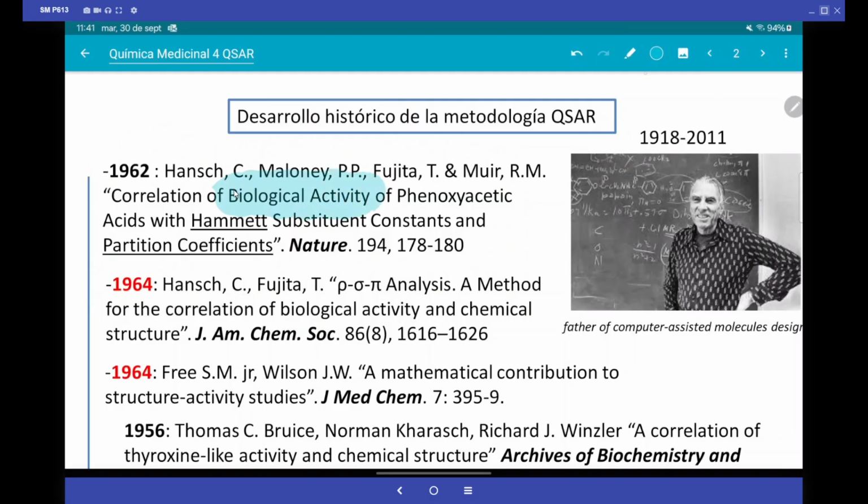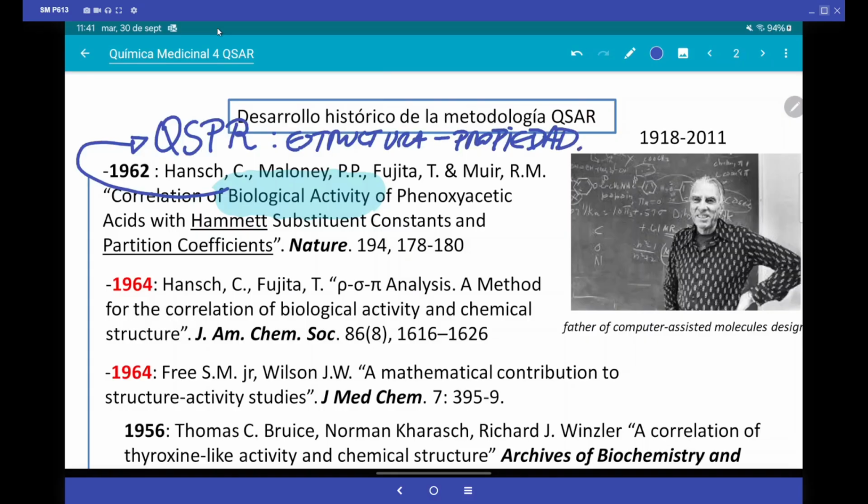for biological activities? No. Today the concept has expanded. Today it is already talked about QSPR, which means quantitative structure-property relationship. We no longer only talk about structure-activity, but structure-property.